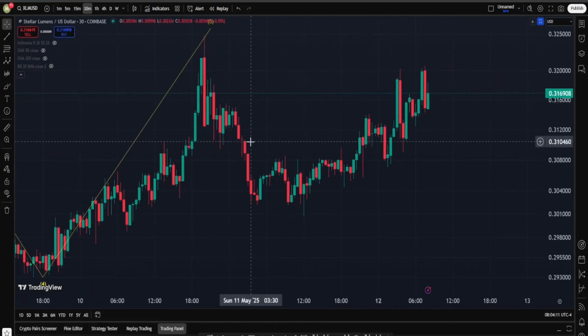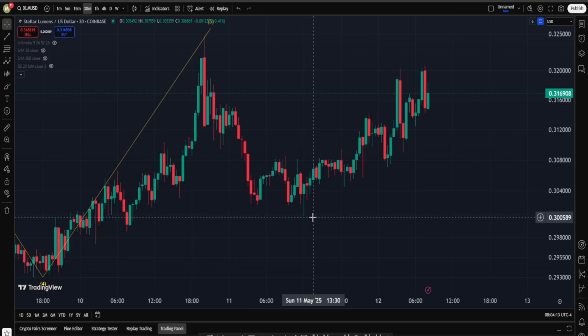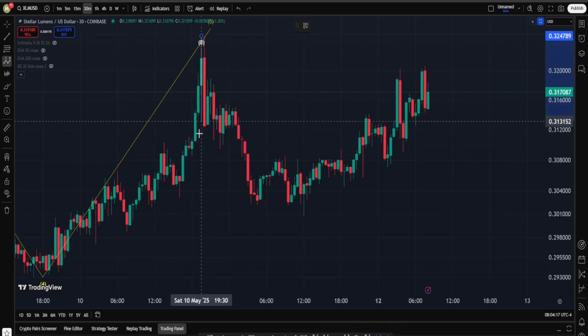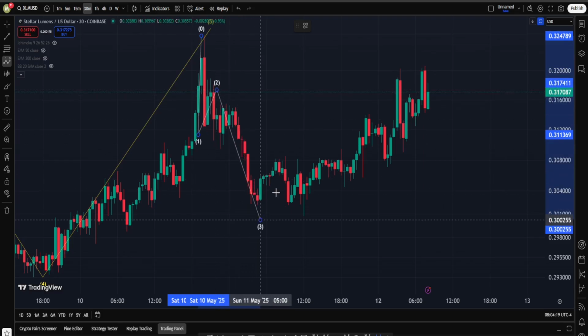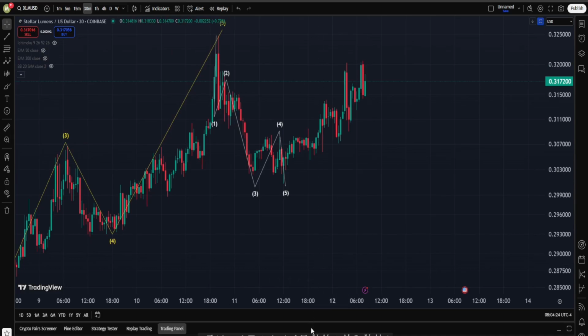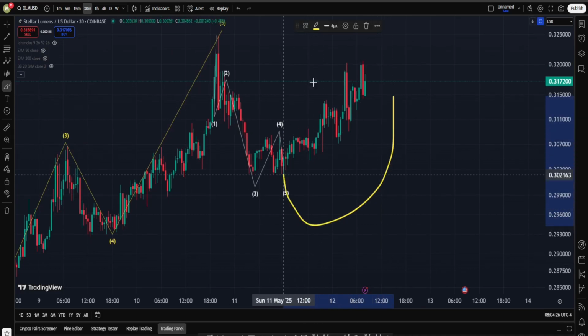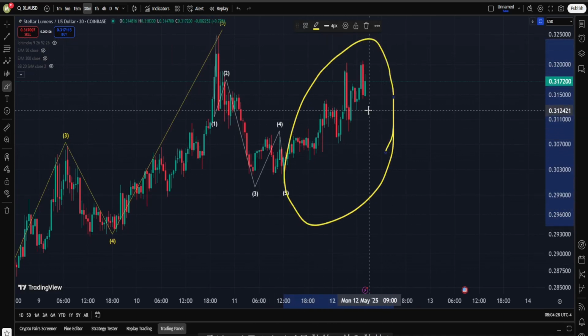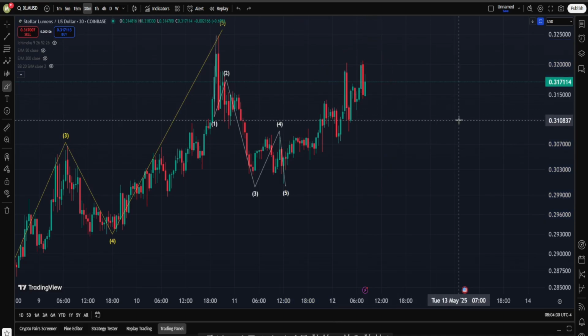There we go. What do we have starting from this high to about this point? I think we can all agree on the fact that this is a beautiful 1, 2, 3, 4, 5 wave impulsive structure down, and who knows, maybe this is going to be just a simple correction structure on the upside. And what are we going to have next?